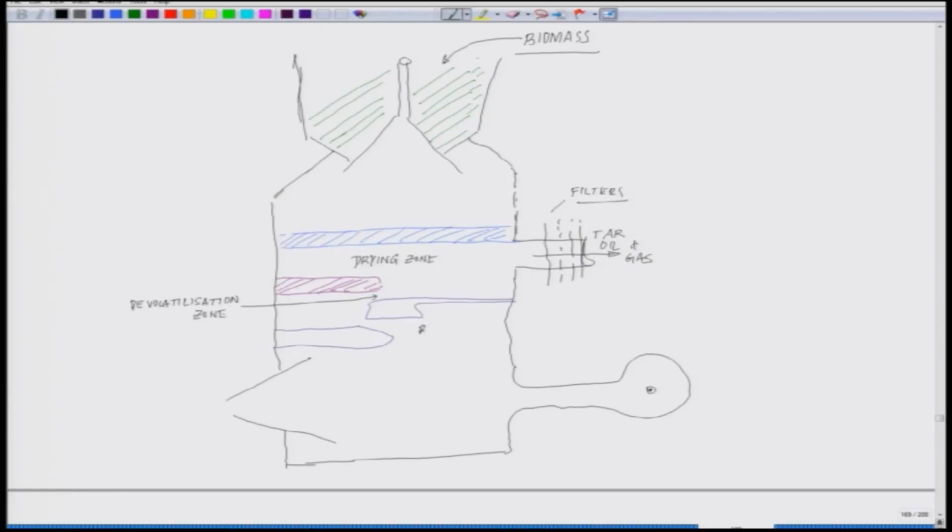This zone is the reduction zone, and underneath you have the combustion zone, and this is where the air is coming in. This is the air orifice, and the air is moving like this, and this is where you have the ash.